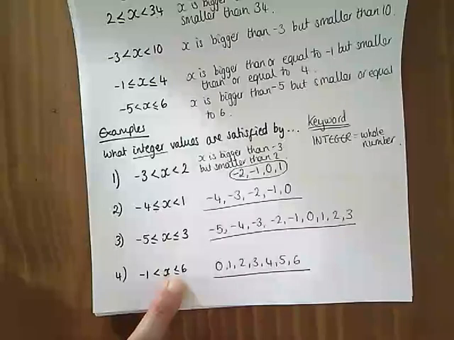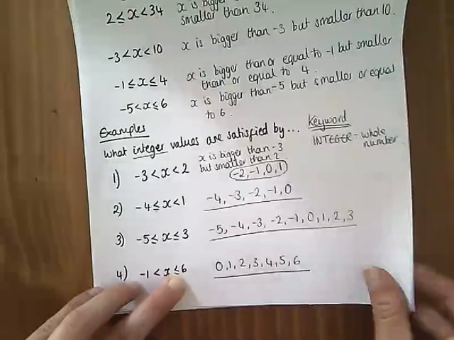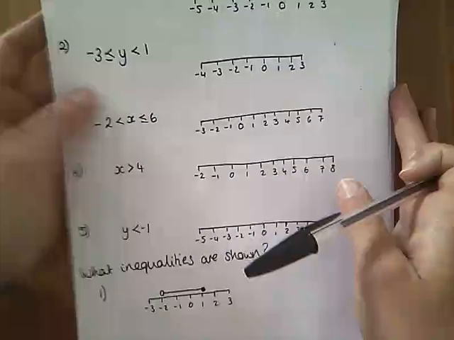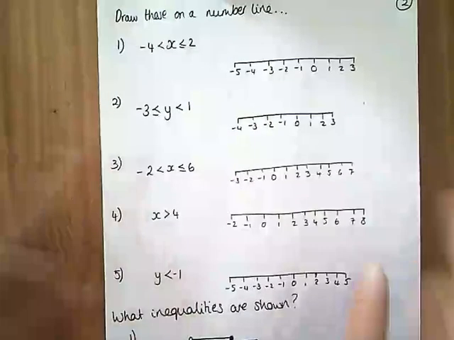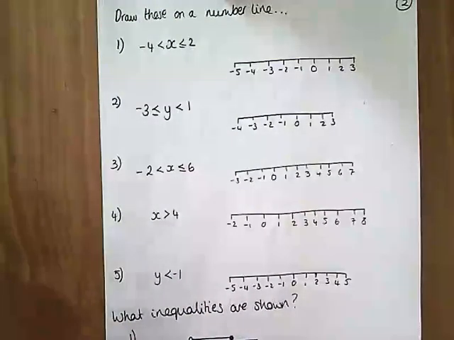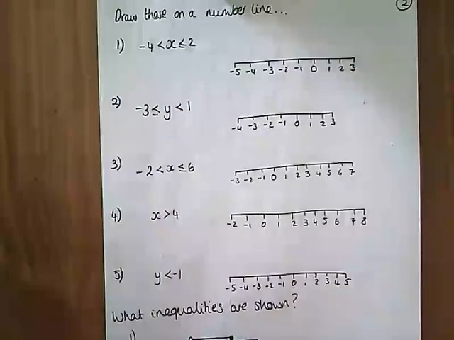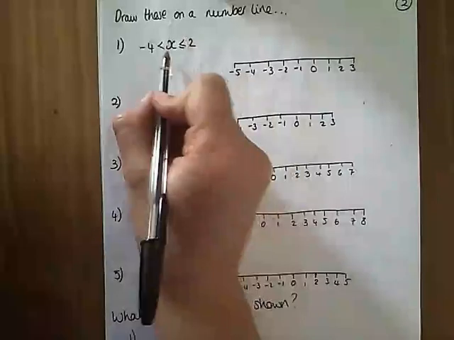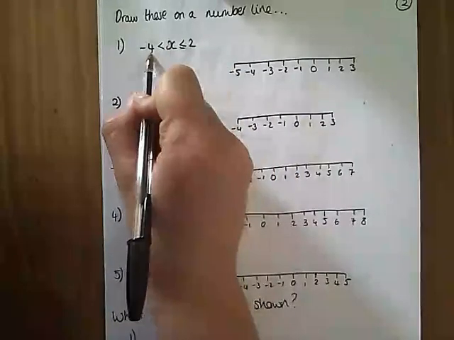Okay, right, now we're going on to number lines. You can pause these as you go. Here we go. We are meant to be drawing these on a number line now. Fairly straightforward. This is saying that X is bigger than -4, less than or equal to 2.